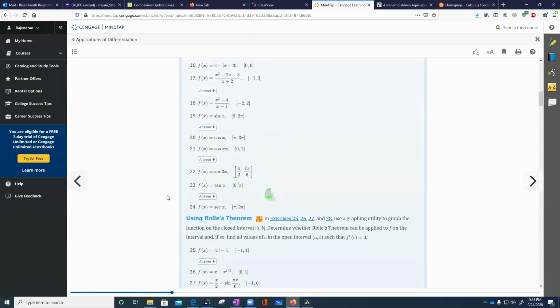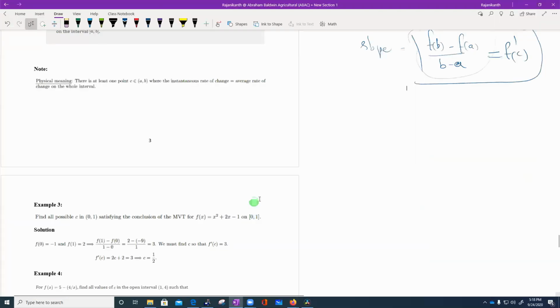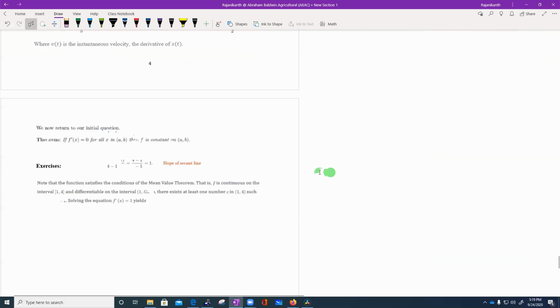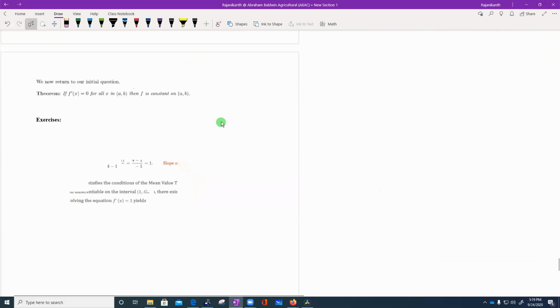So I'm going to do problem number 22. For sine 3x, we are going to find whether there is any point c in this interval such that the slope is 0. Okay, so let me write down somewhere here. This is from exercise 3.2, problem number 22.